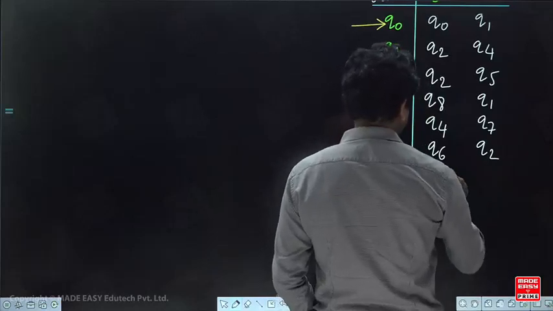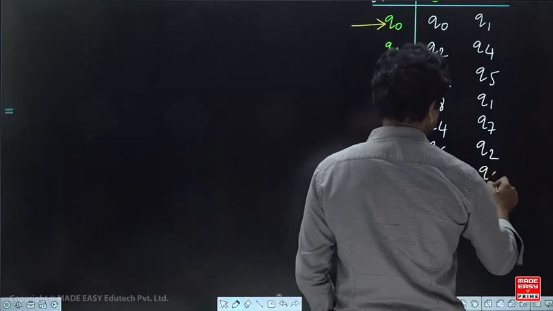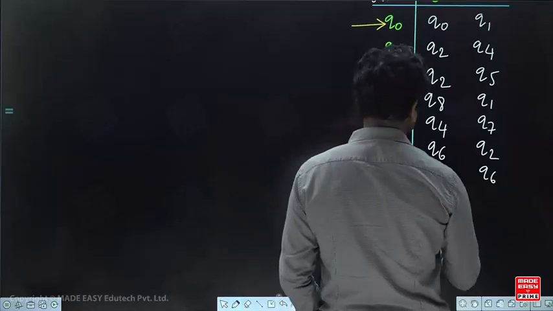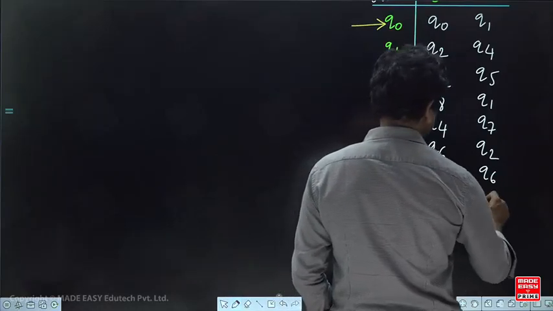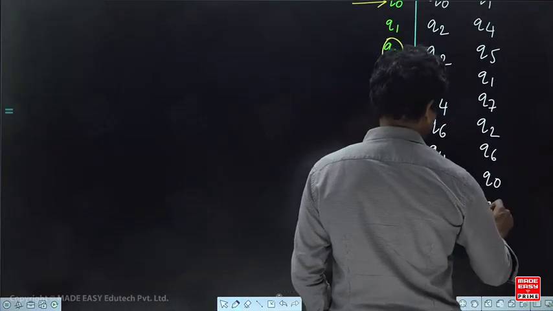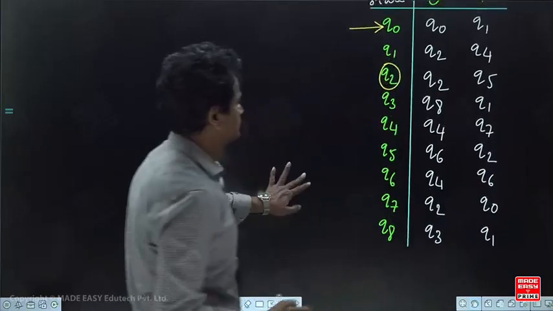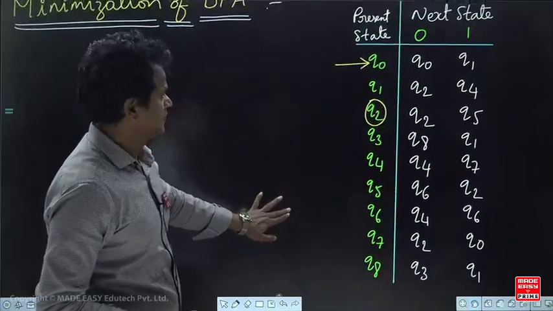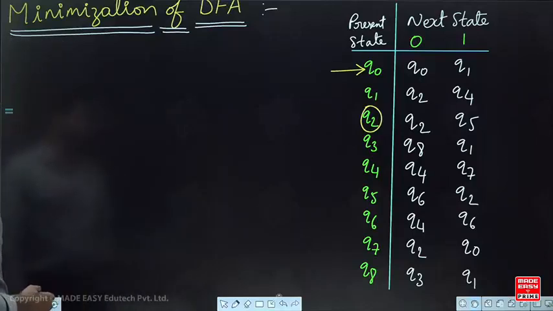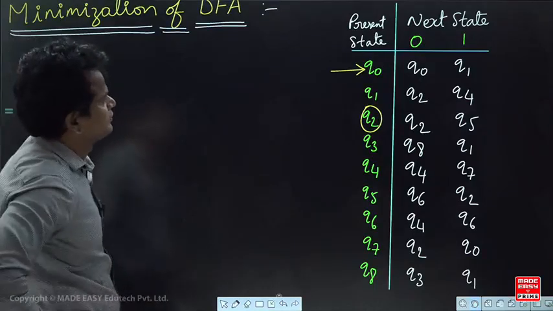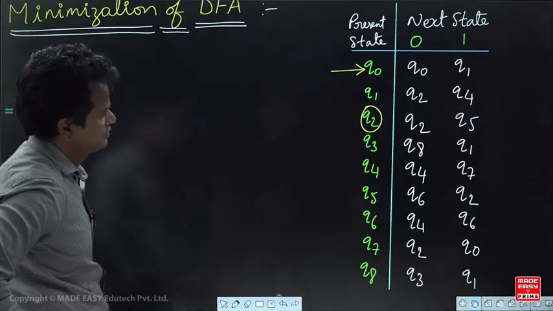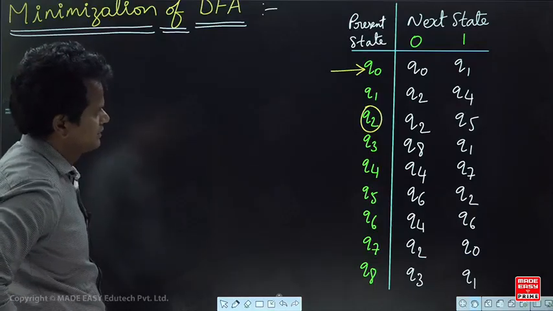Q6 is Q4, Q6, Q4, Q6, Q7, Q2, Q0, Q3, Q1. So guys, just copy this one. I will go for the procedure. Q0, Q4, Q1, Q7, Q2, Q4, Q2, Q0. Okay.